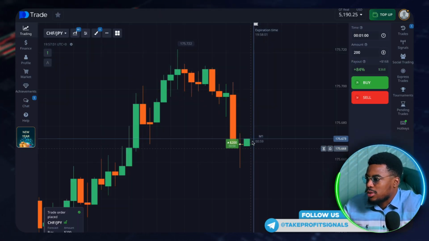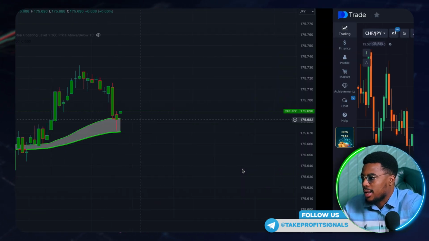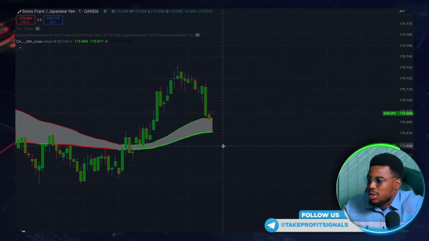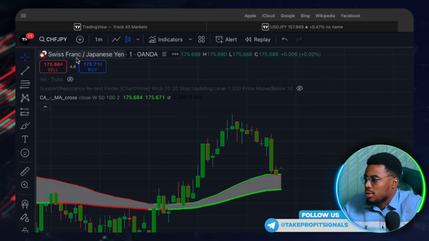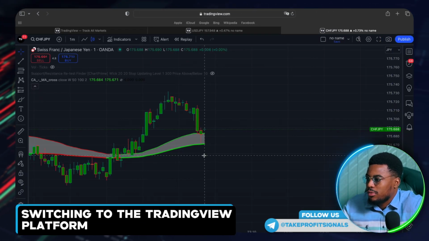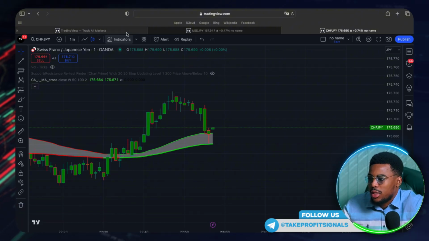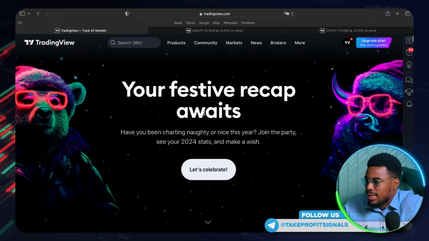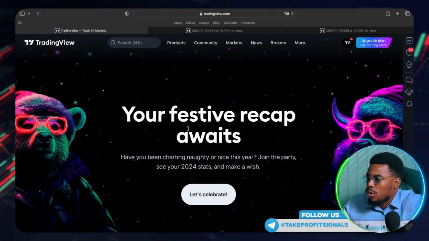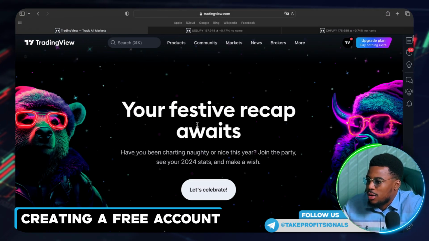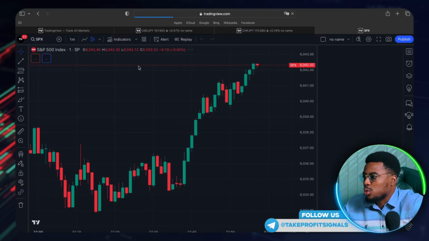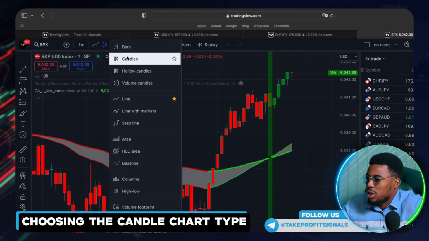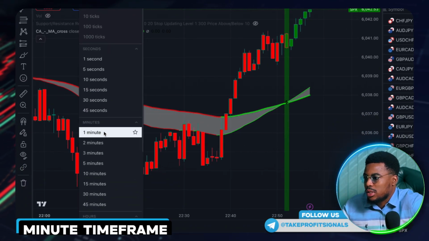Now let's go back to this chart. This is exactly the same chart of the Swiss franc to the Japanese yen, only on the TradingView platform. TradingView is a platform where absolutely all tradable assets are collected. So we go create a free account, open any chart at all on the full screen. Do not forget to choose the candlestick chart type and minute time frame.